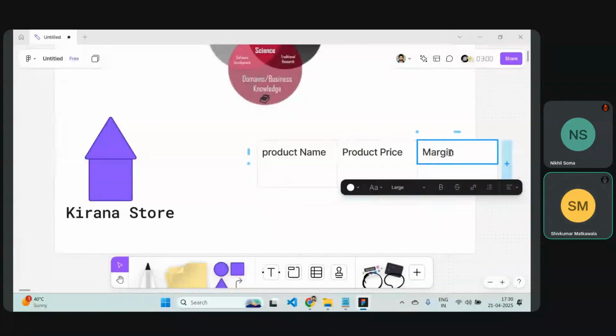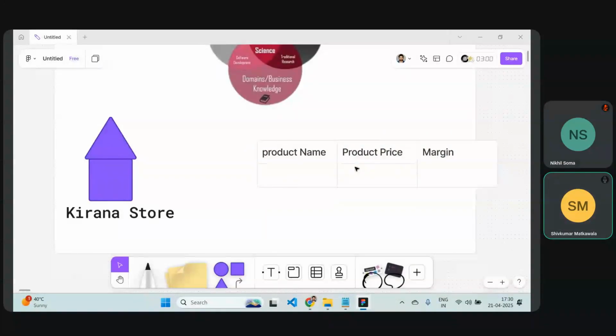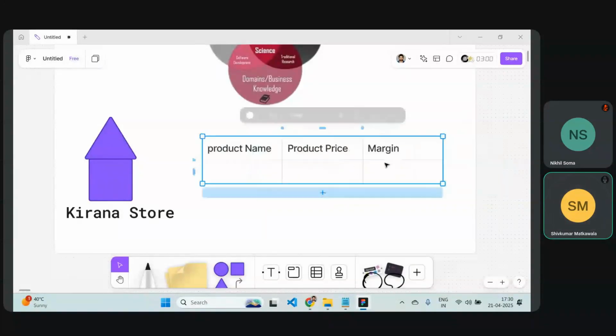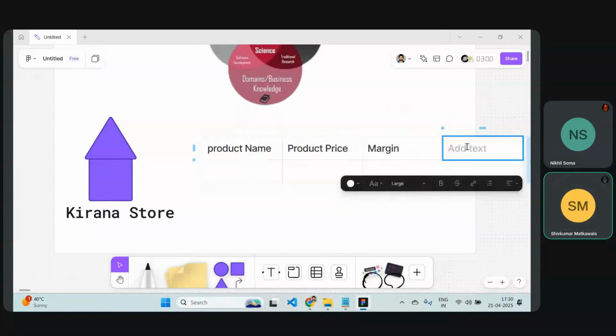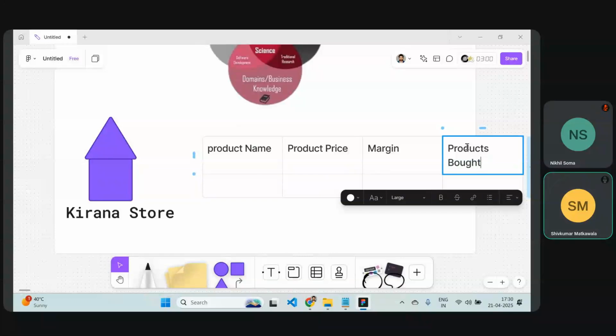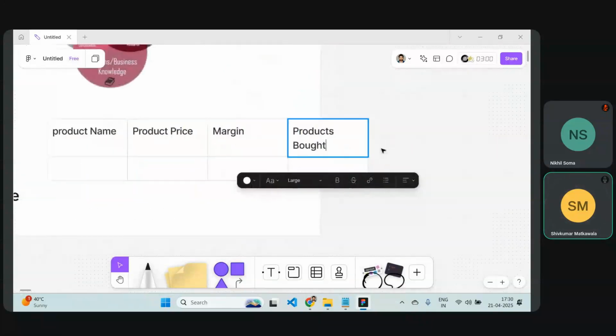And how many products you sold in the last year. Products bought: how many products you bought and how many products you sold.